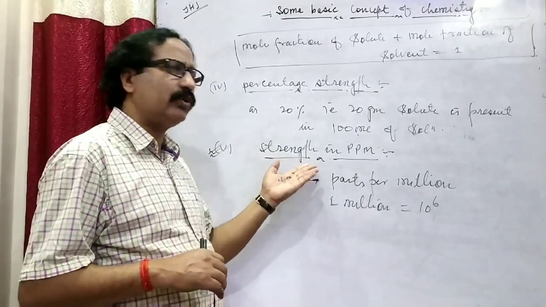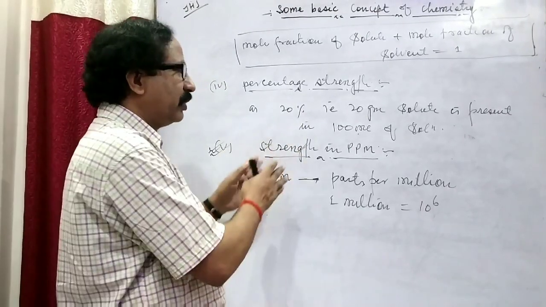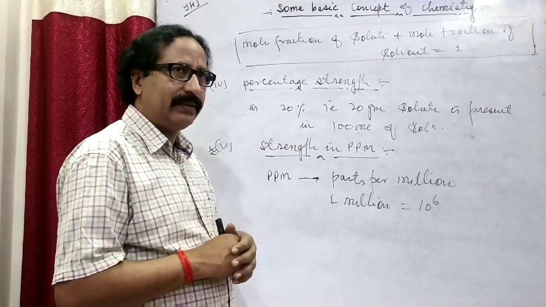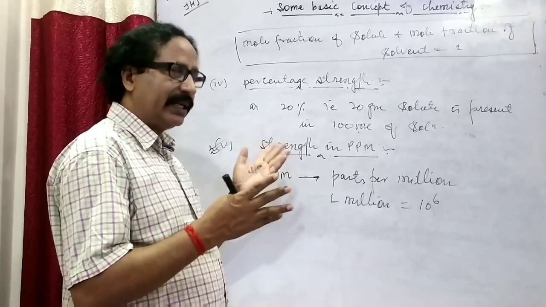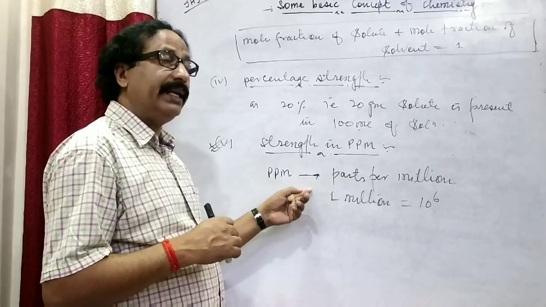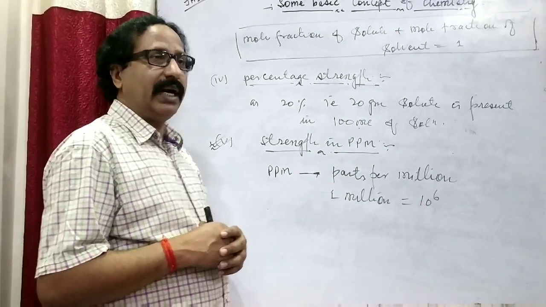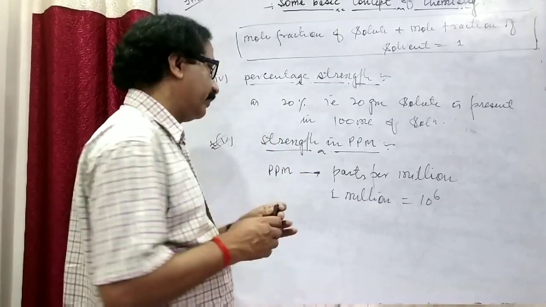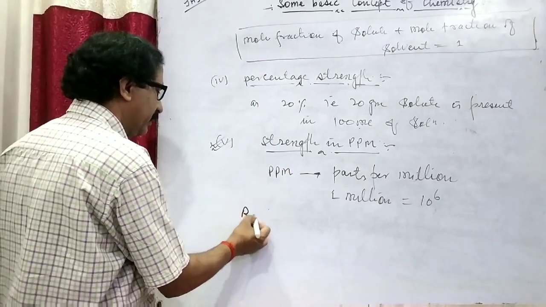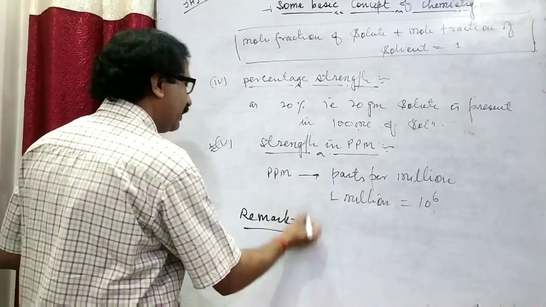Ultimately, it is just similar to percentage strength. In case of percentage strength, the weight of solute is given in 100 ml or 100 gram. But in this case, the weight of solute is given in 10 to power 6 gram of solvent. Okay? And one remark we want to explain here. What is that remark?